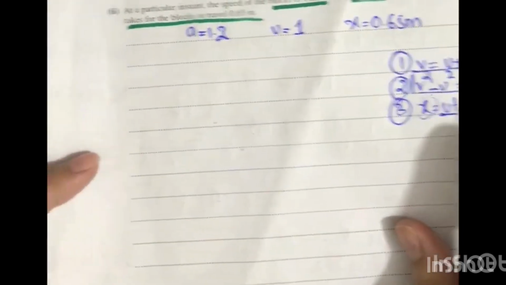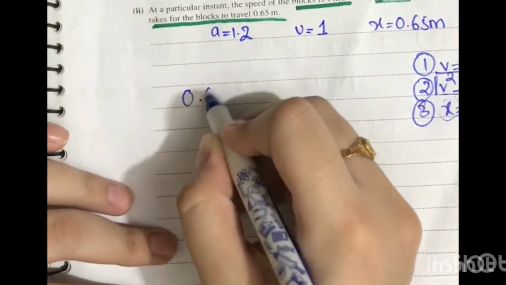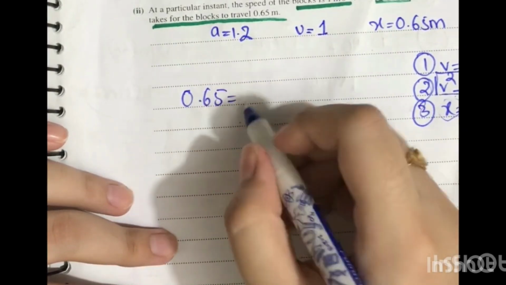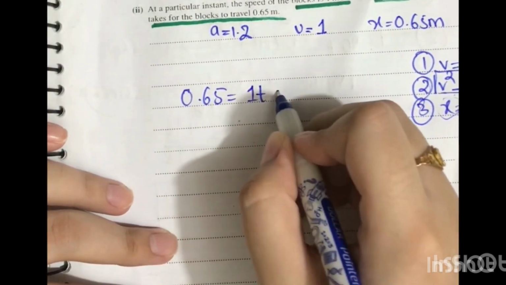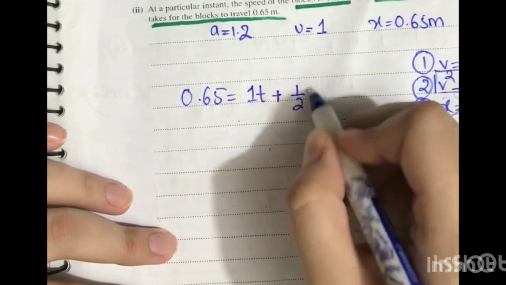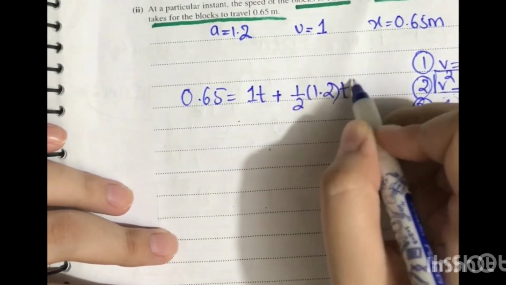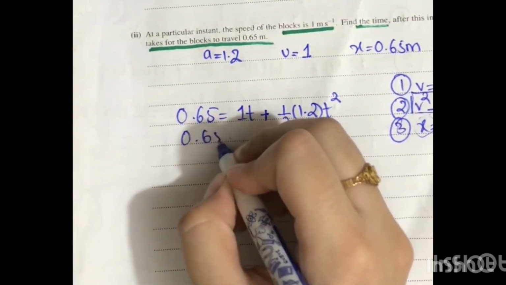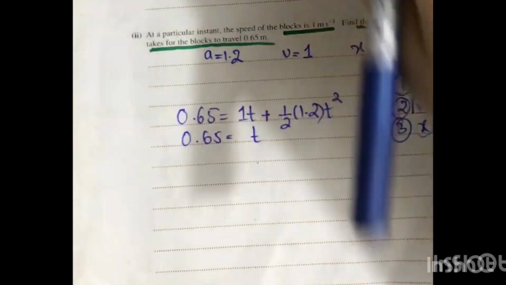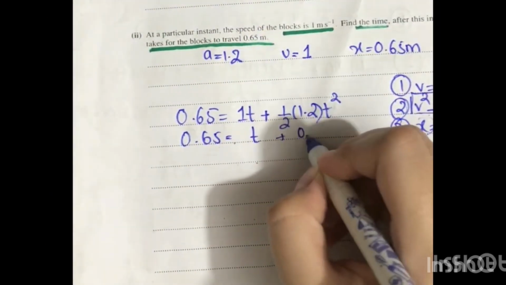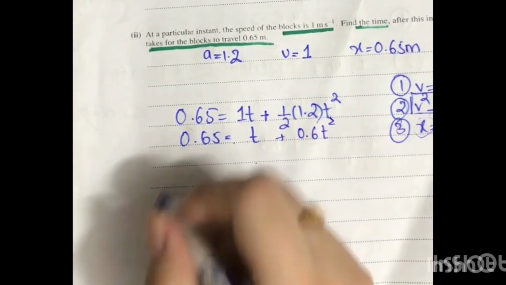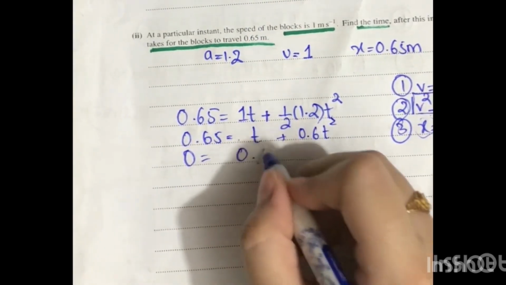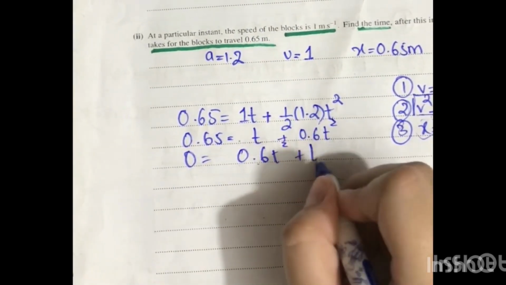So that means that 0.65 is equal to 1t plus half times 1.2 t squared. So 0.65 is equal to t plus 0.6 t squared. So we can rearrange it and write it as this.